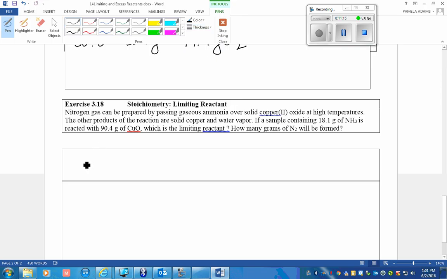NH3 reacts with copper II oxide to form N2, and the other products are solid copper and water. Oh, that's supposed to be a past. Okay.